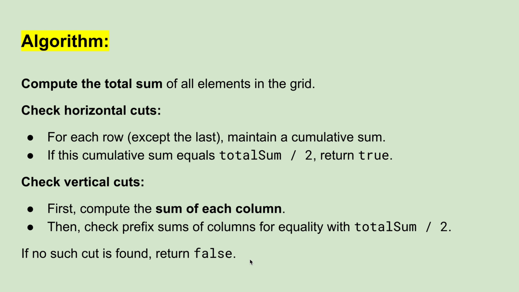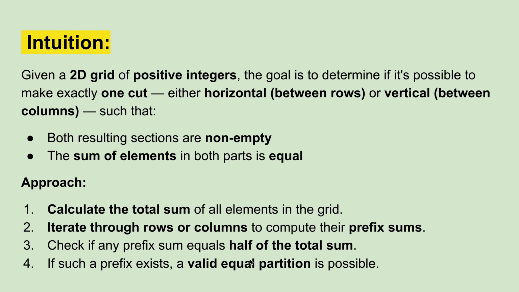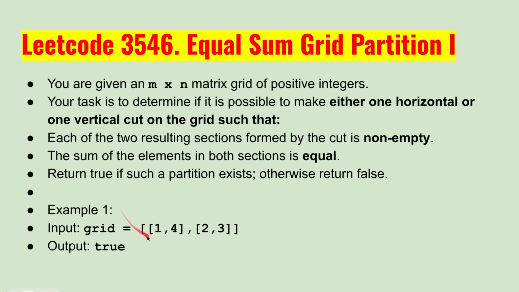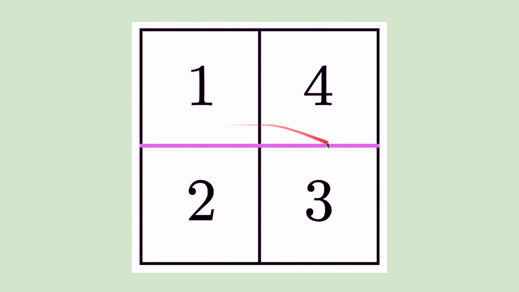Let me explain again so you will understand the approach. Let's suppose we are given 1, 4 in the first row, and then 2, 3. So in the array we have 1, 4, 2, 3, and we have represented it like this.